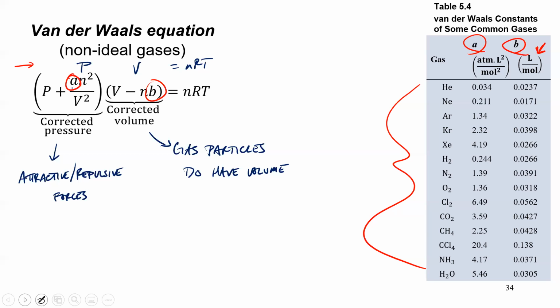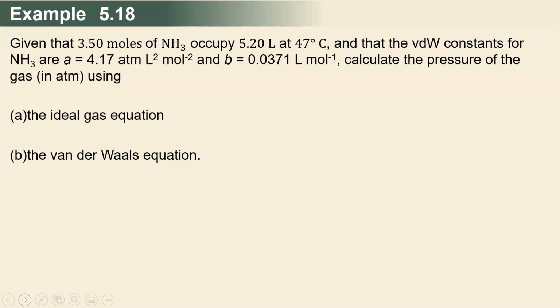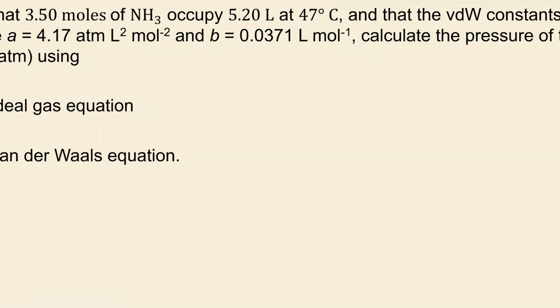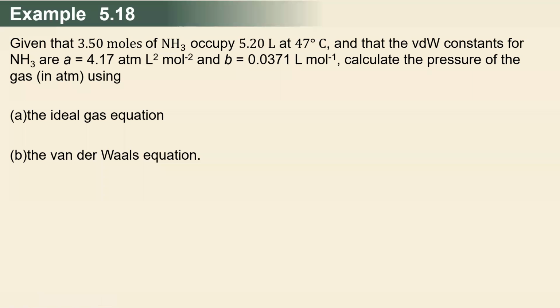Okay. All right. So using this ideal gas law, again, this is the problem that we worked out at the tail end of class on Friday. We're going to plug it in. For the ideal gas equation, I'm going to believe that you can plug that in for yourself. You get 17.7 atmospheres. For the van der Waals equation, the pressure is what we're solving for. We have to add in this A, which is 4.17 atmosphere liter squared per mole squared, times n squared.